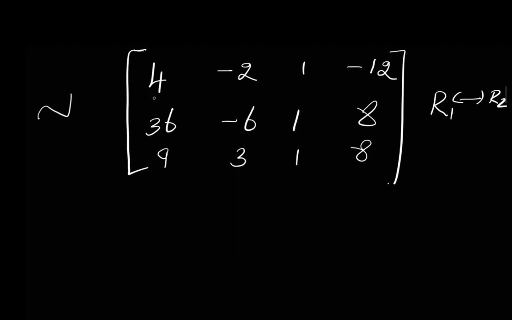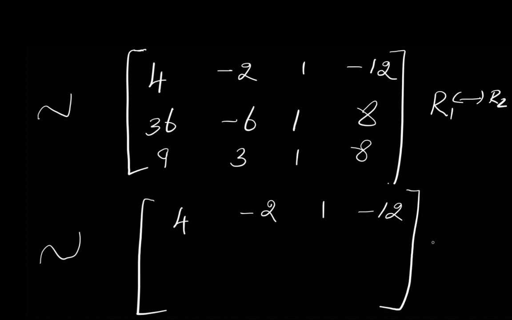So you keep this 4 as it is, but in the same column, let me make the other two entries as 0. So I am going to make this 36 as 0 and also 9 as 0. You have to compare it with R1. Write the first row as it is.